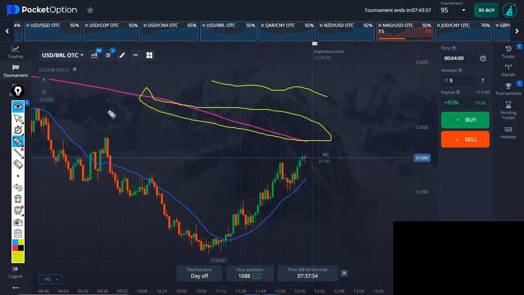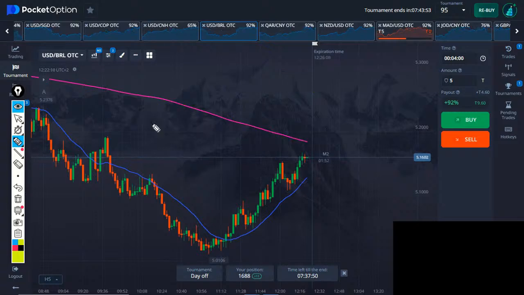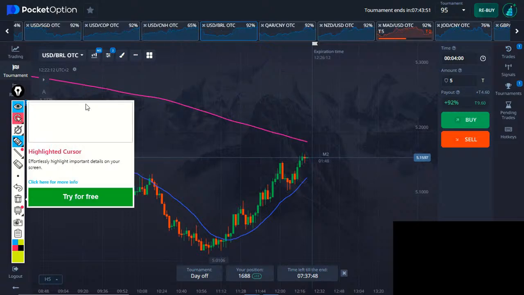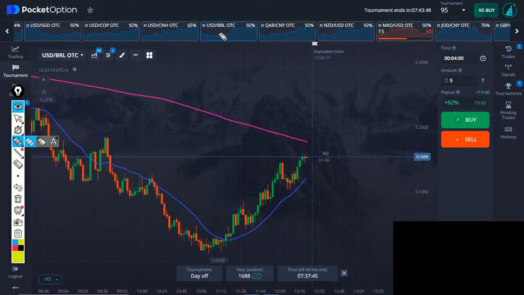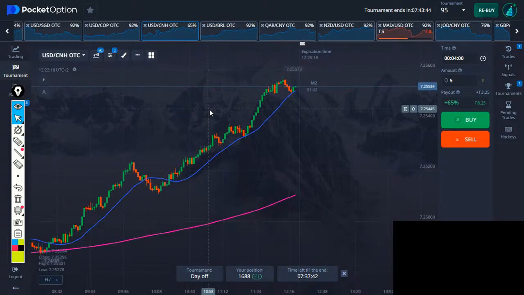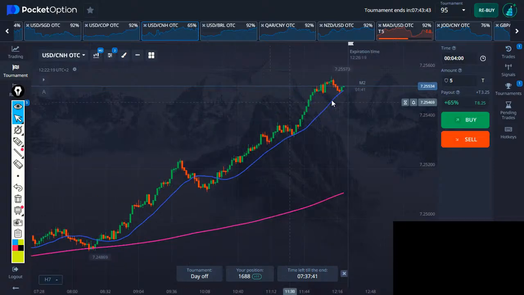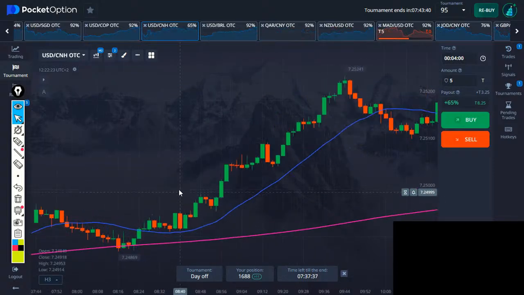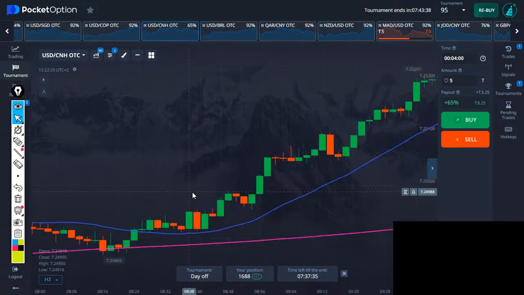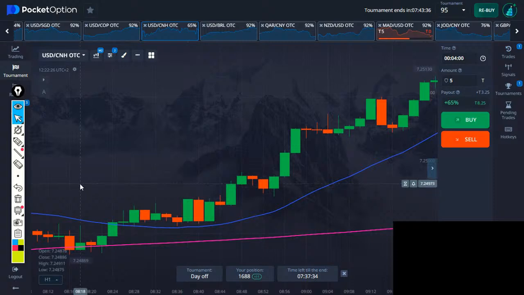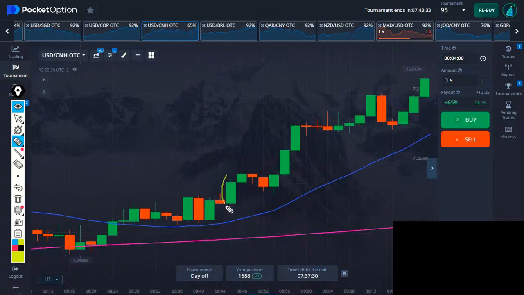Okay, this is too steep to the downside. White state, look at this, beautiful. Got yourself a power bullish bar, 4 minute trade, you have yourself a win.